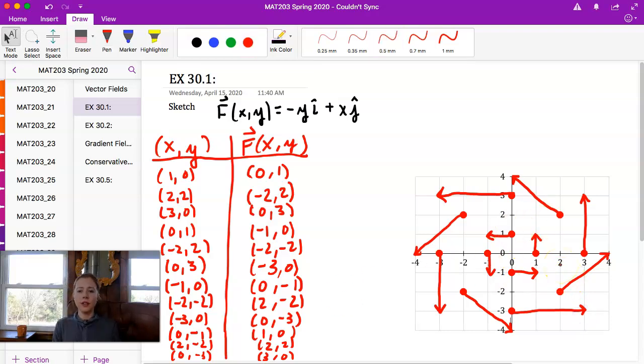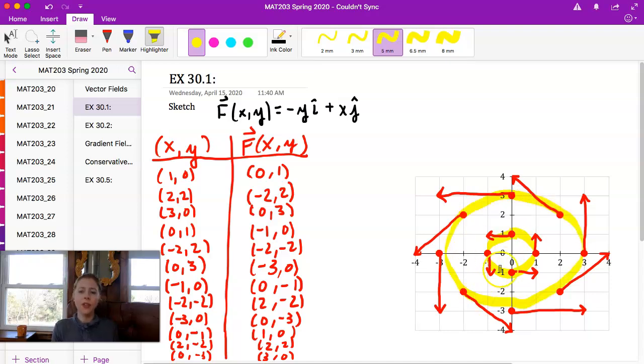So what it looks like is, what if we went around and drew, say, a unit circle in here. Let's draw a unit circle of radius 1, and then a circle of radius 2 would bring us around here, and a circle of radius 3 would trace us around here.